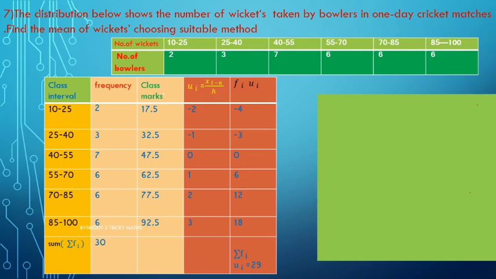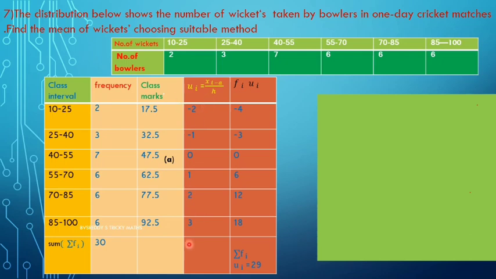Above it take negative values, -1, -2, etc. Below write positive values, 1, 2, 3. You can choose any one class mark value as A. I have taken 47.5 as A.